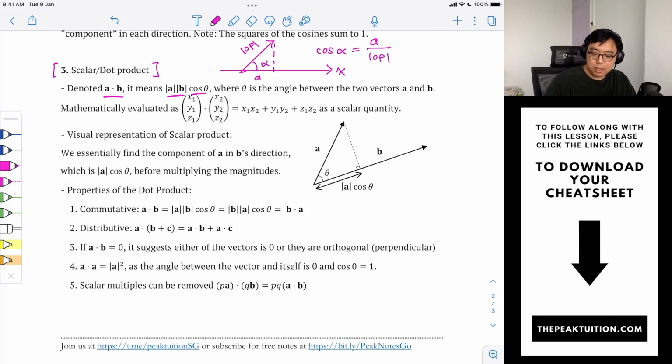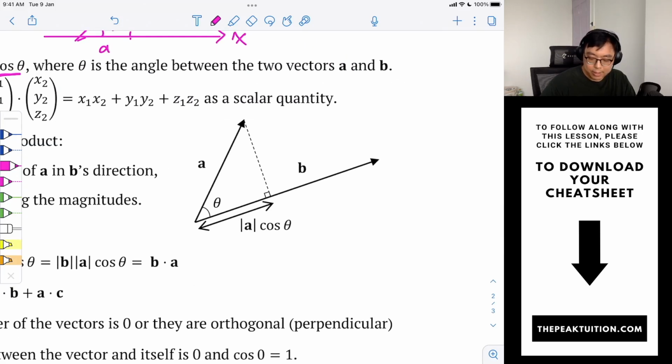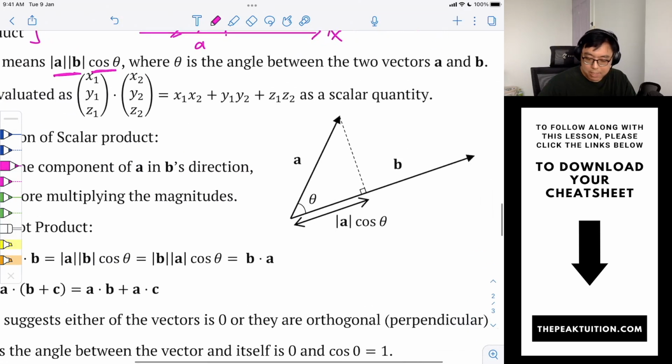In a sense, graphically, this will look like this. First, we have A, this color. So we notice that we have AB cosine theta, right?